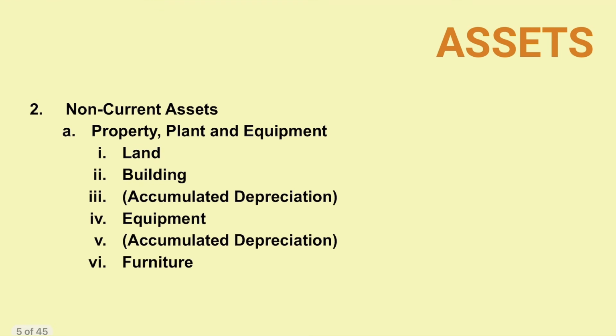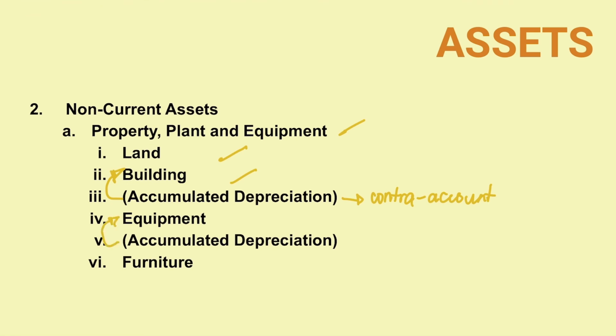Next, of course, we also have our non-current assets. We have property, plant, and equipment, or PPE for short. And under PPE, we have the usual land and building, and this is just like the allowance for doubtful accounts. This is also a contra account and is subtracted from the non-current asset that it's connected to.